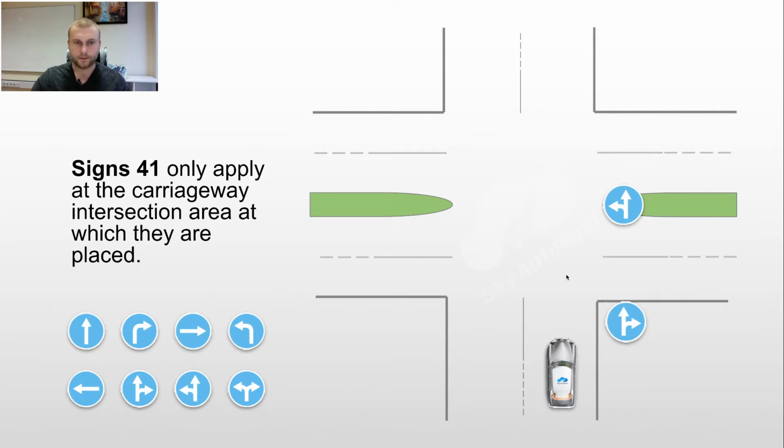So here it's very important to notice that they are not valid on all the crossroad, only on the first intersection. And now on the first intersection you can see that you have to go straight or right, so you cannot go left. And on the next intersection you can go only left and straight, so means you cannot go right.